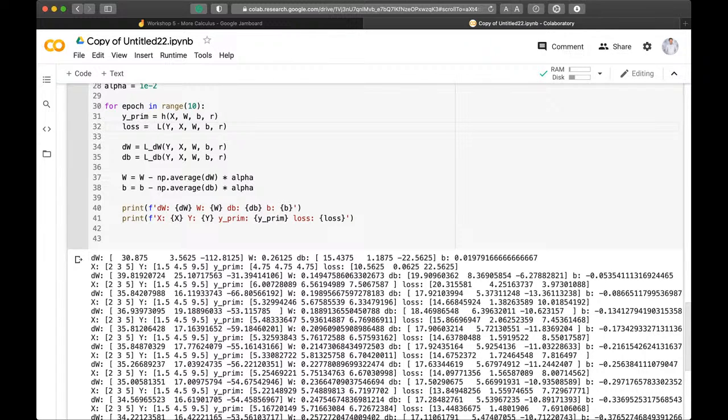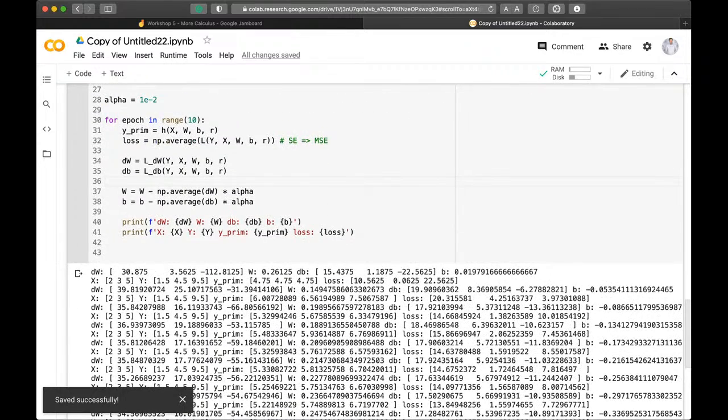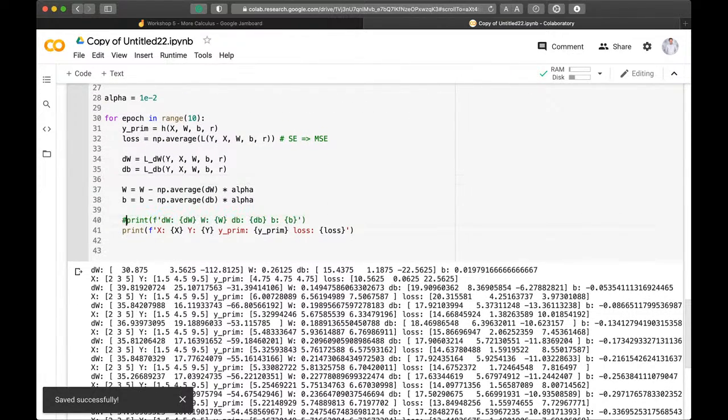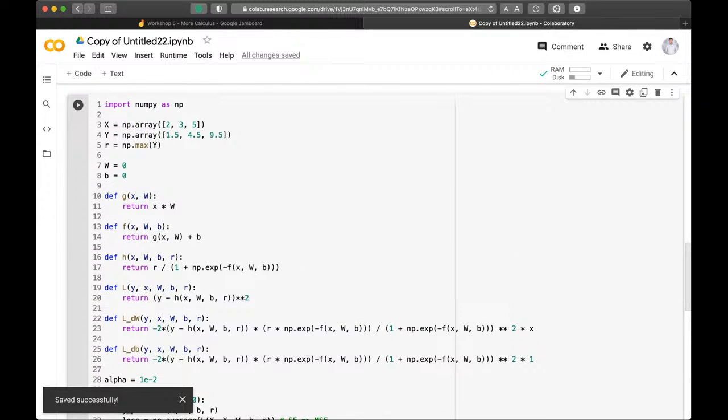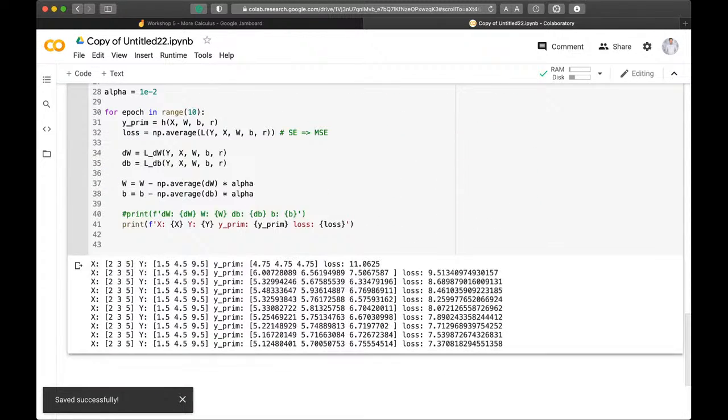So np.average of the loss, so we converted from squared error to mean squared error, which is the average value. I will also comment this out and run it again. Okay, it works. That is great.